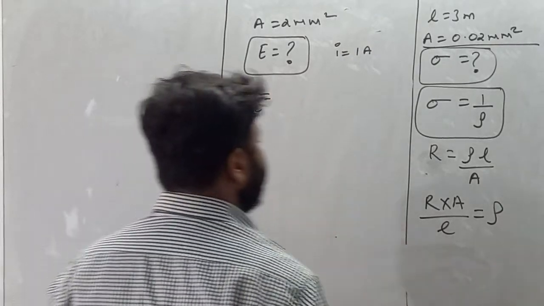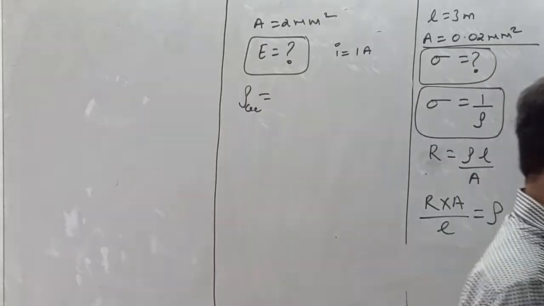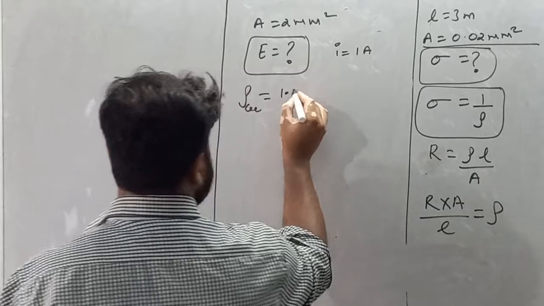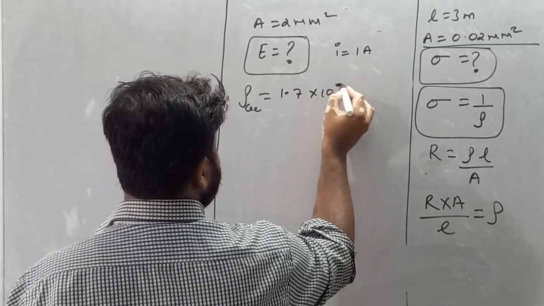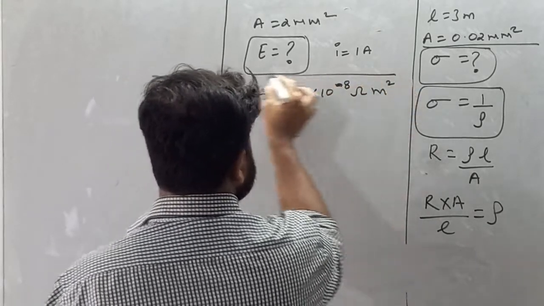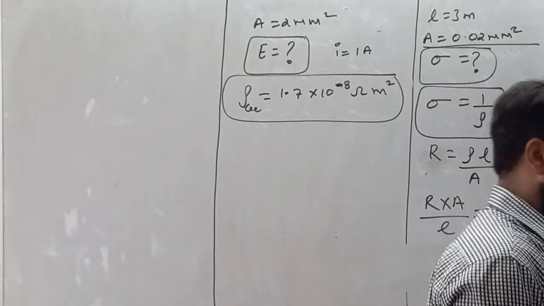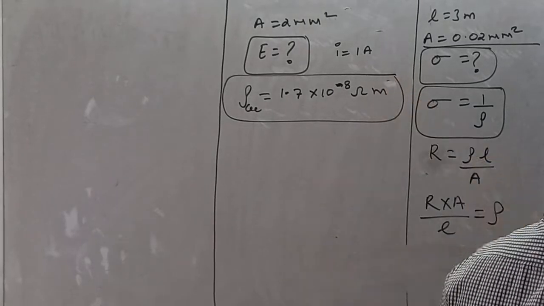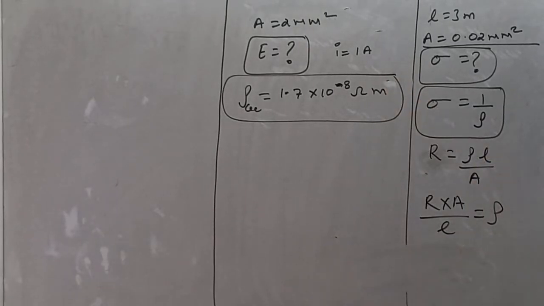The resistivity of copper is 1.7 into 10 raised to the power minus 8 ohm meter.